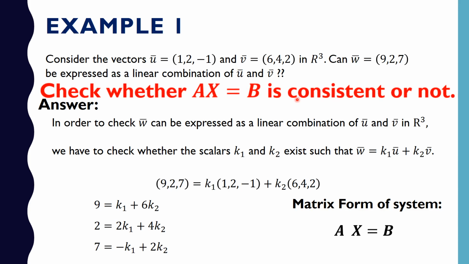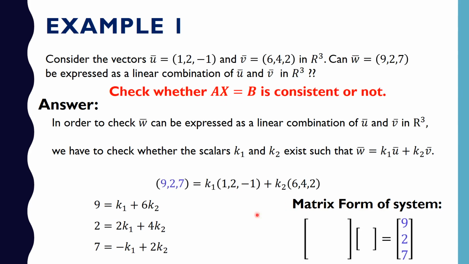Let us check how to find the unknowns k1, k2 by solving the system Ax equal to b. The column vector b is nothing but the entries in the vector W, (9, 2, 7). Similarly, the unknowns are nothing but k1 and k2.